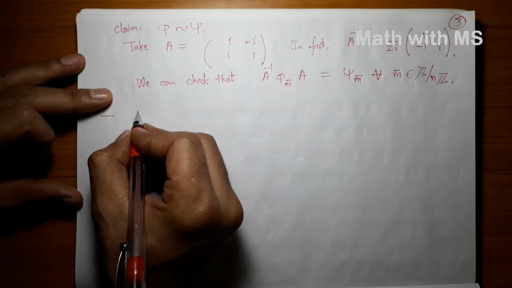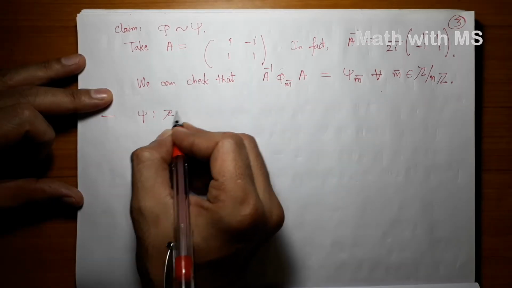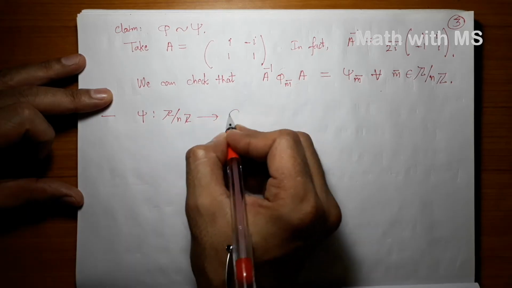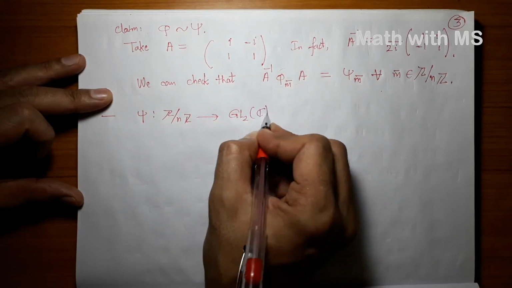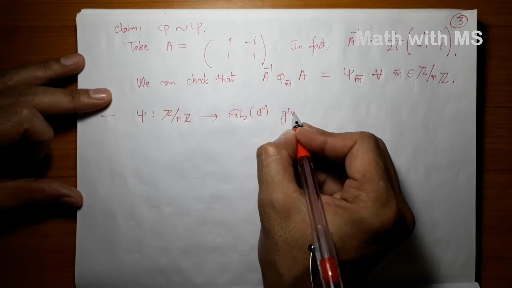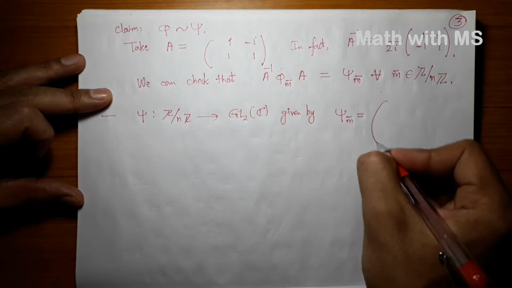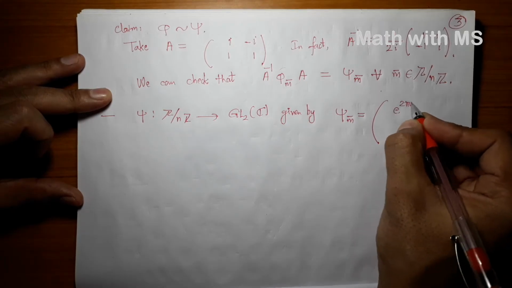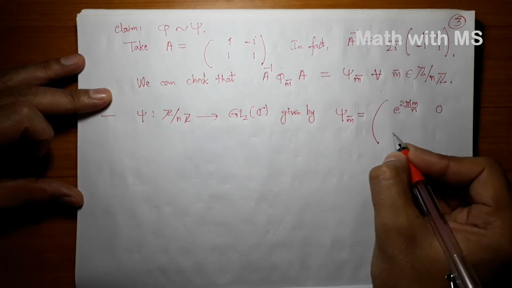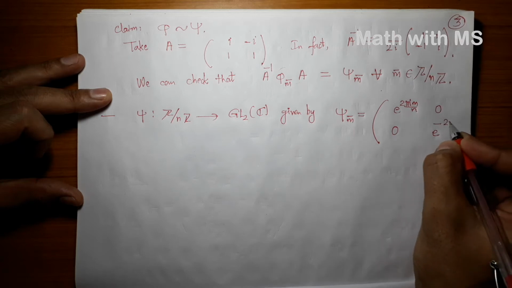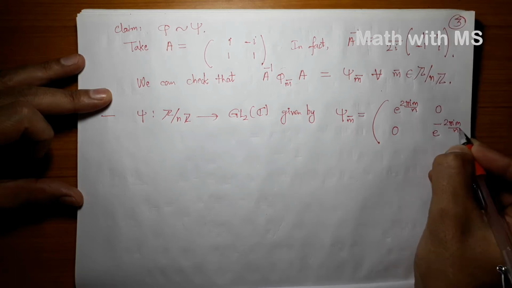We have this representation psi from Z mod nZ into GL2(C), given by psi of m bar equal to this matrix, e to the power 2 pi i m by n, 0, 0, e to the power minus 2 pi i m by n.